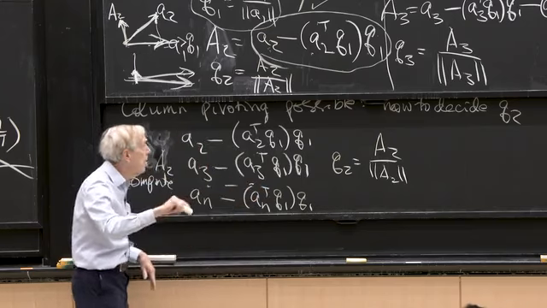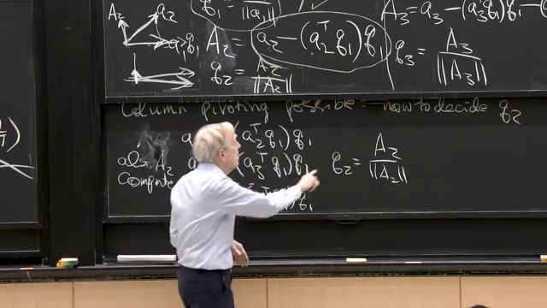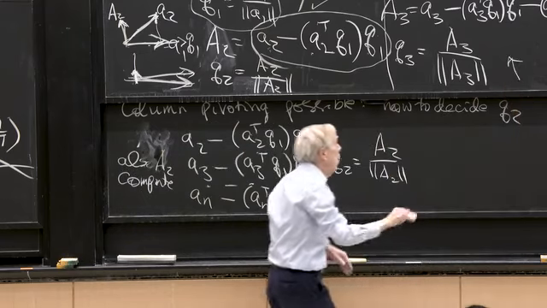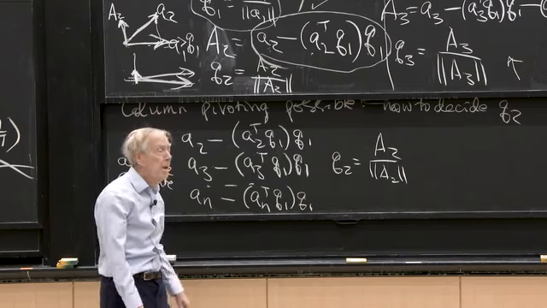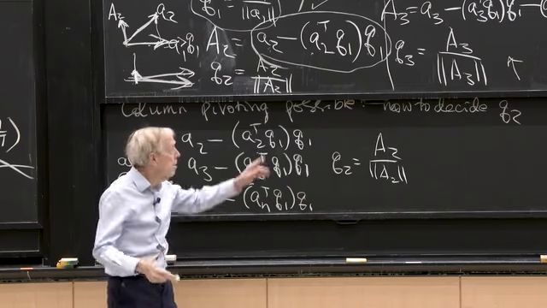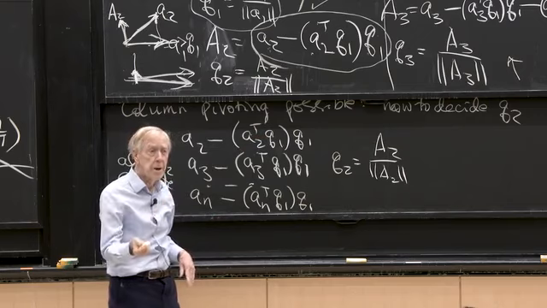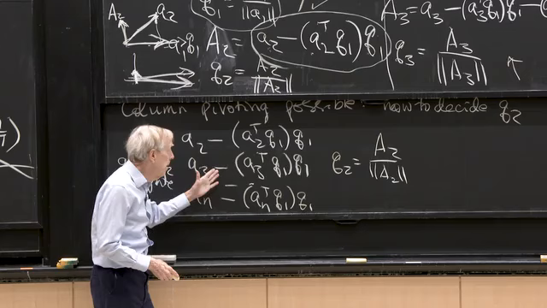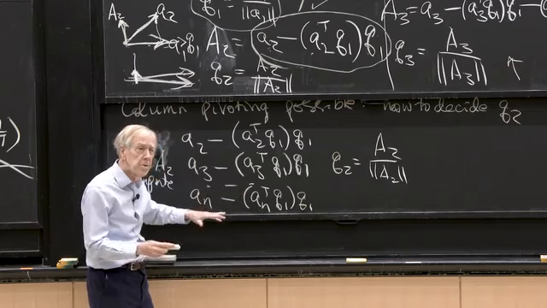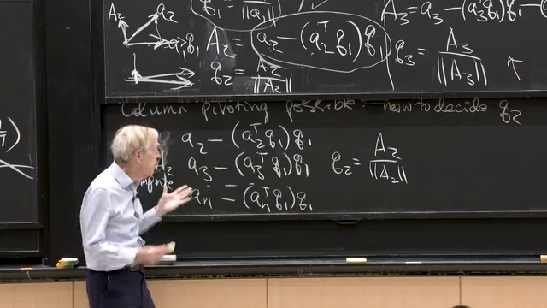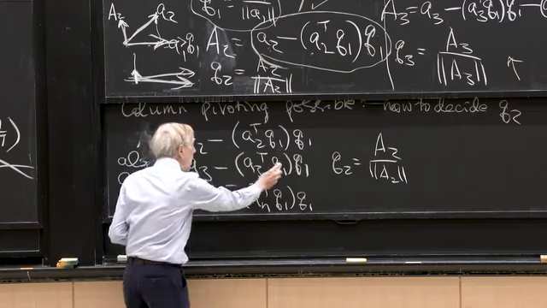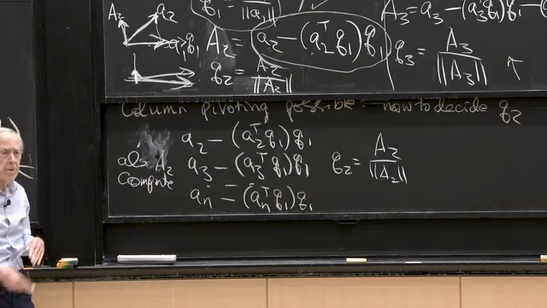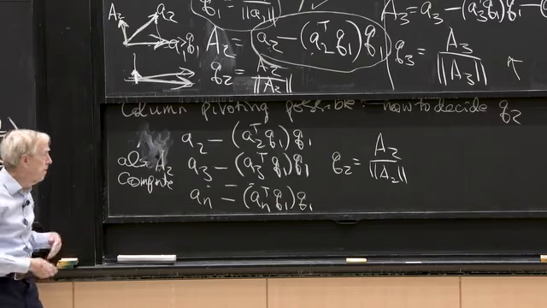The standard way waited until you got to column 3 and then subtracted off both pieces, waited until column 4 and subtracted off 3 pieces. This way, as soon as you know Q1, you remove it from all the remaining vectors, and you look to see what's the biggest.